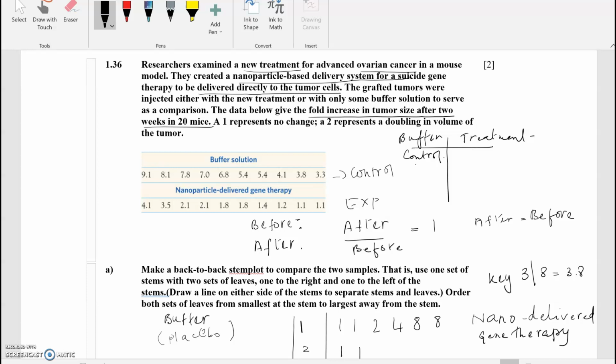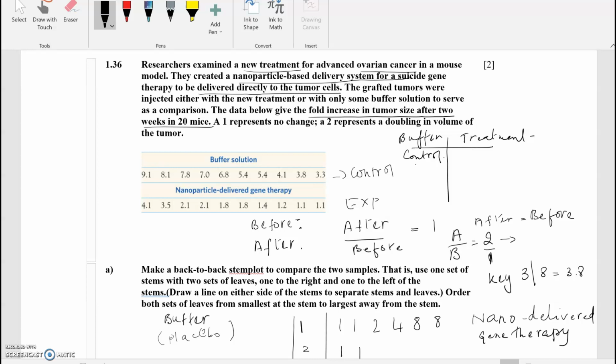Okay, so let's look at what it would mean if after divided by before is a 2. What that means is the size of the tumor after the treatment was twice the size of the tumor before the treatment.